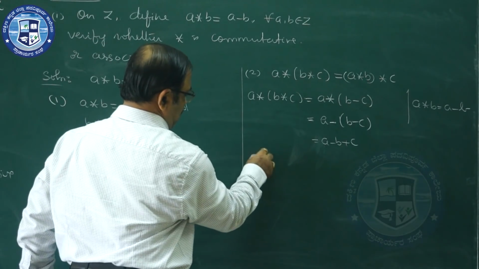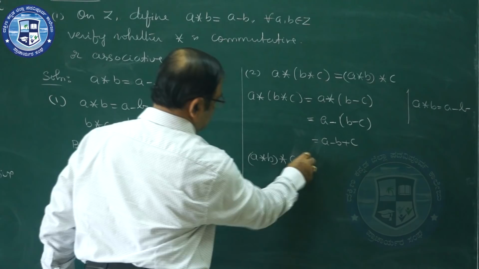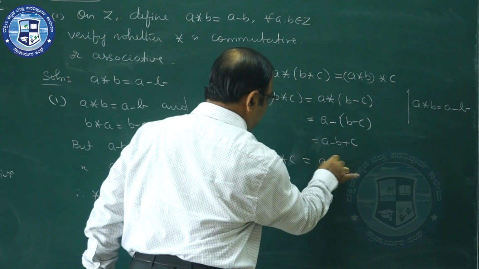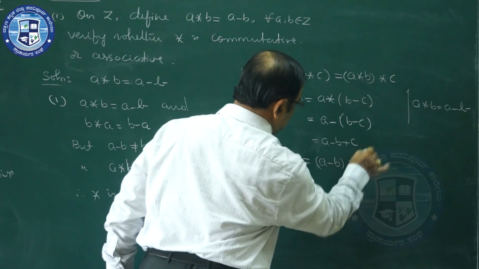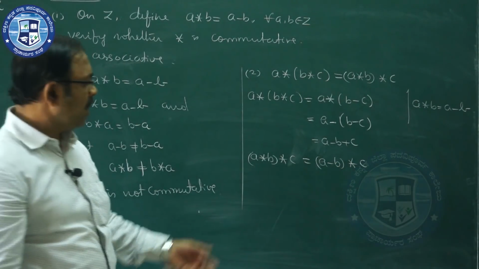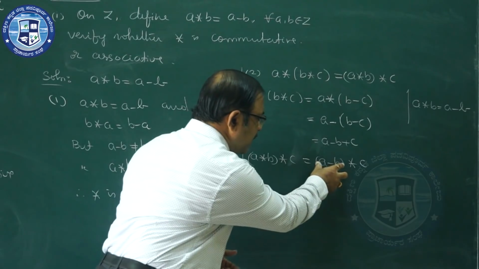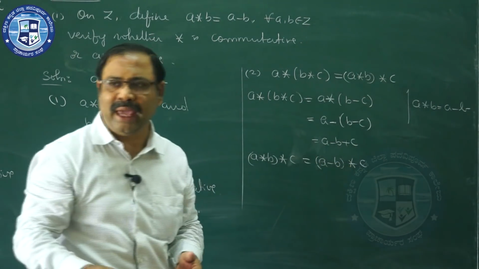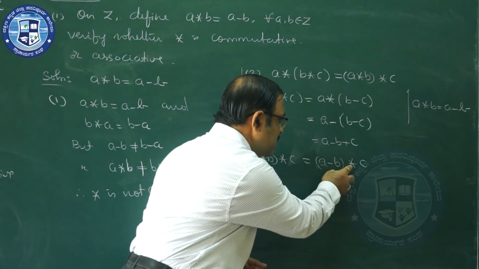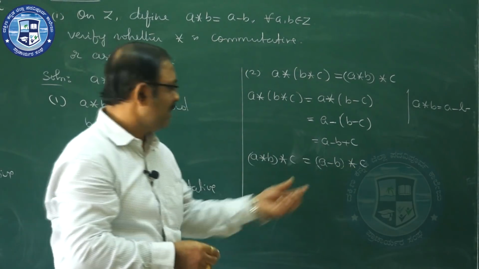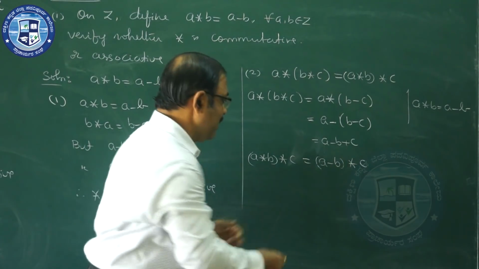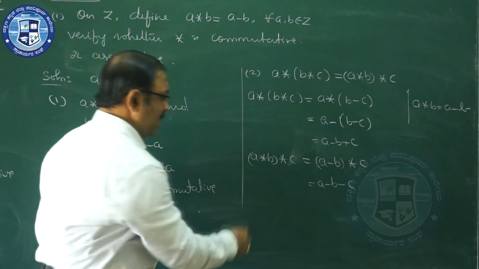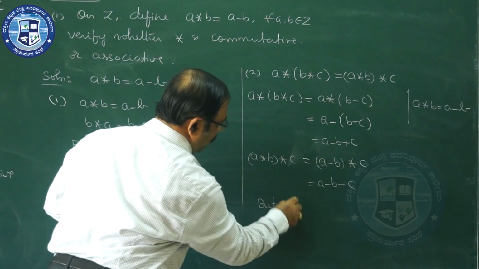Next, (A star B) star C. That is (A star B) minus C. Now what is A star B? A minus B. So this is nothing but A minus B minus C. But what do you find?